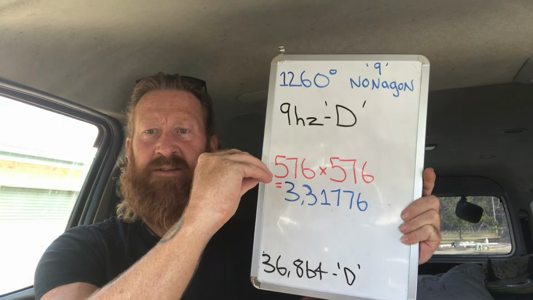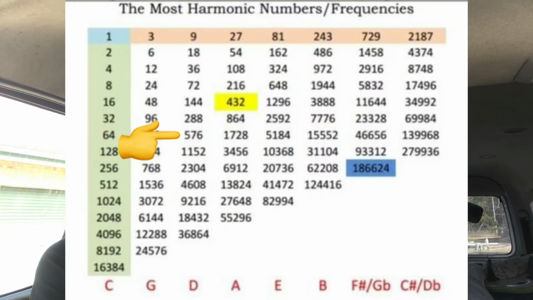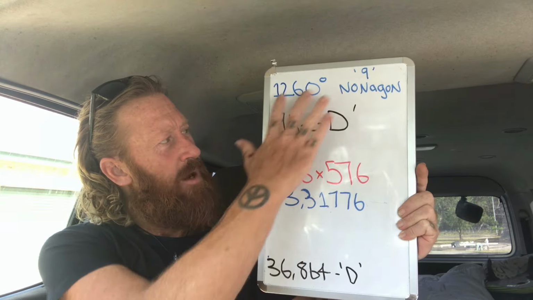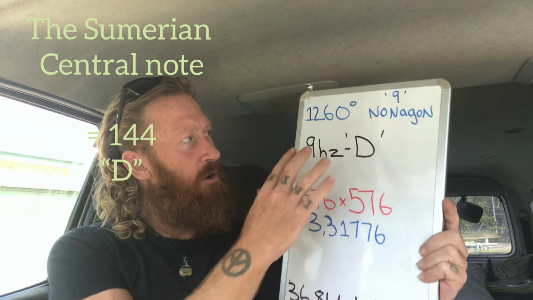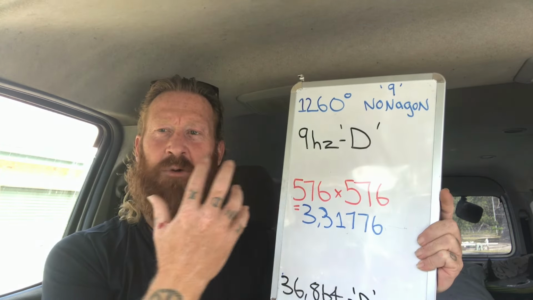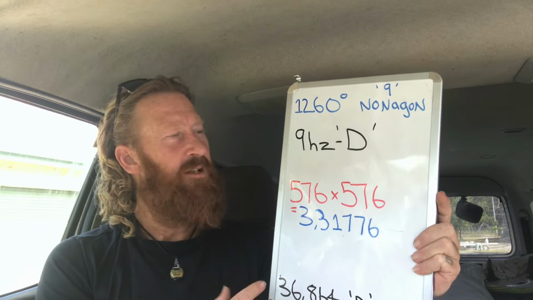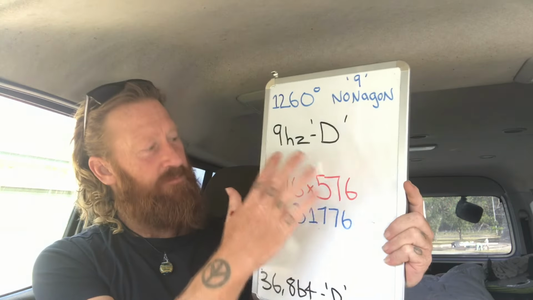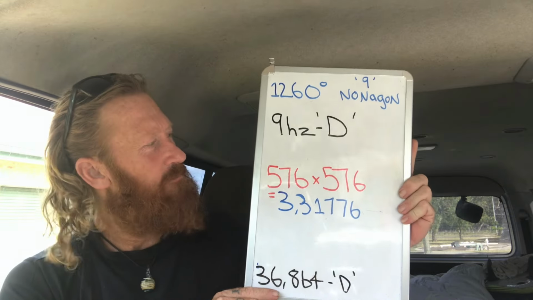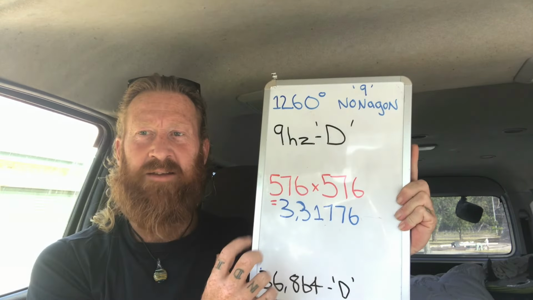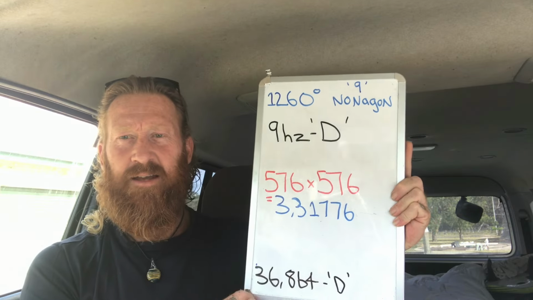We move to the very centre, which is 576, and we times those together and we get the same answer here. So it's all come from the column of D, which is the 9 column. We got the Nonagon 1260, we times that by 2 pi, which is just a circle, so 9 and 1, and we get the equatorial diameter of Earth. Isn't this amazing? It's all tying back to this 9 and 1.